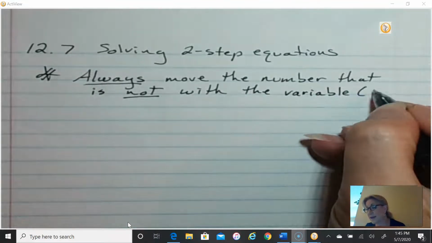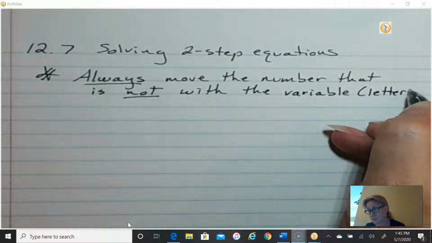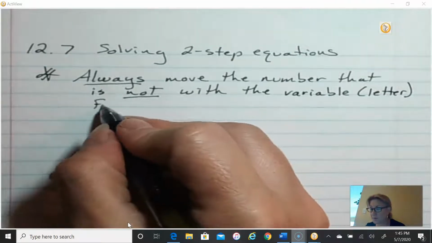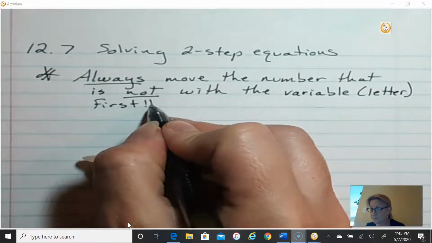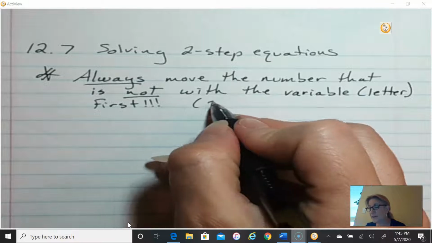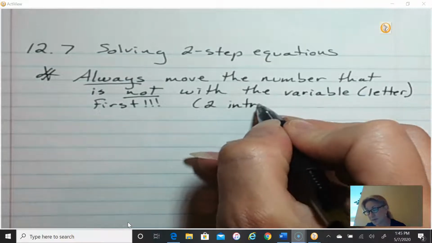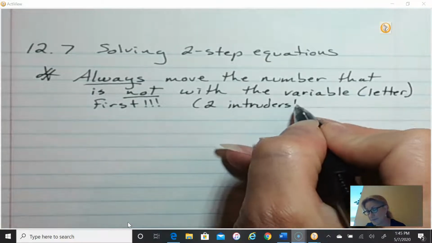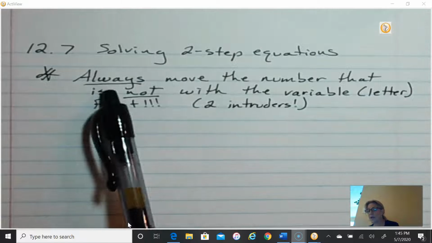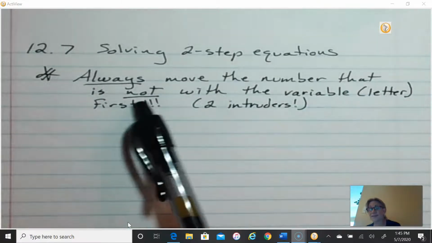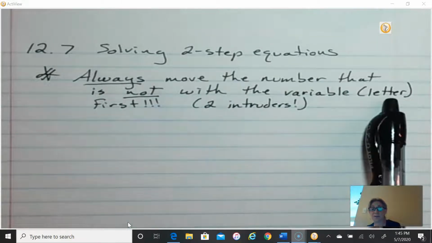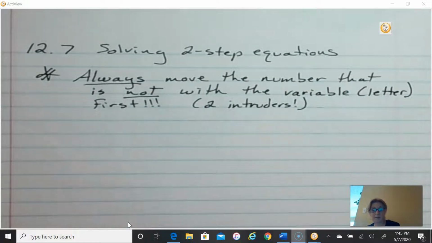Remember, the variable is the letter. Basically, you're going to have two intruders. Always move the number that is not with the letter first.